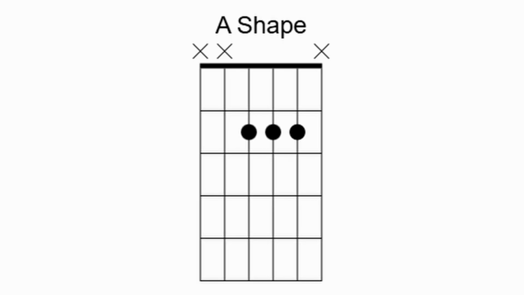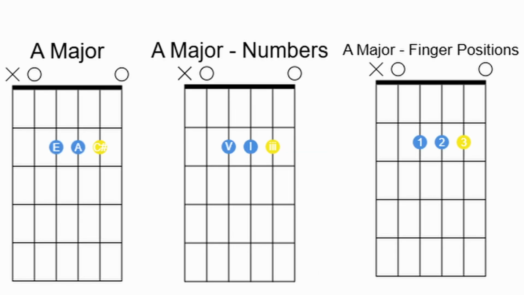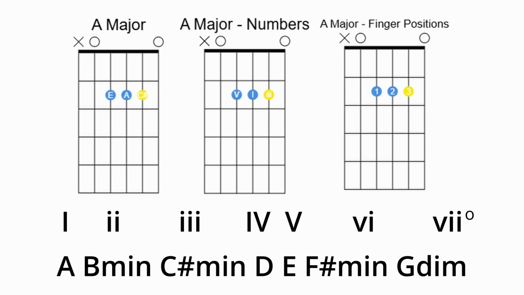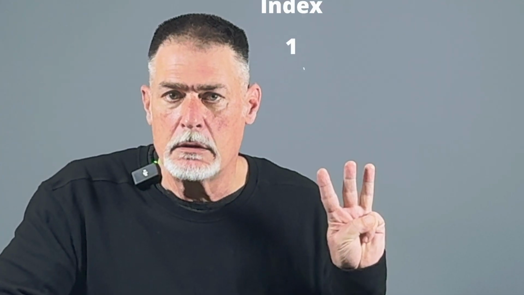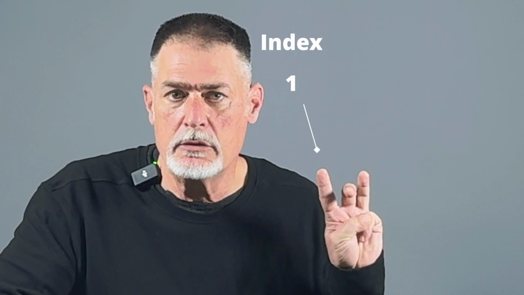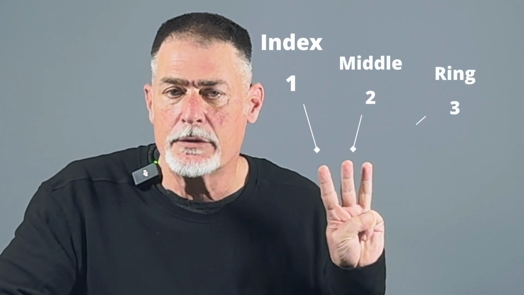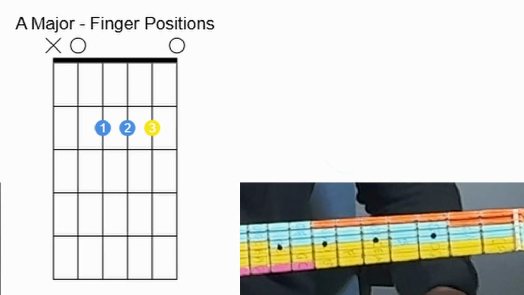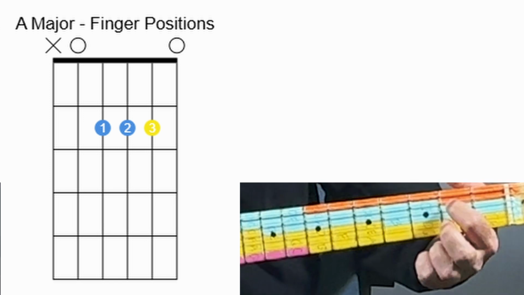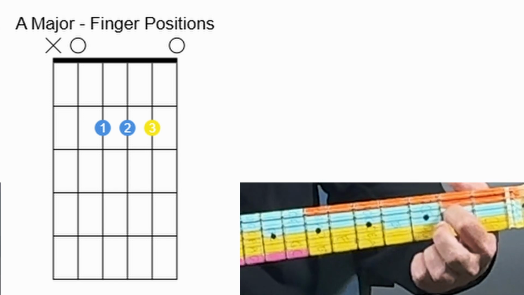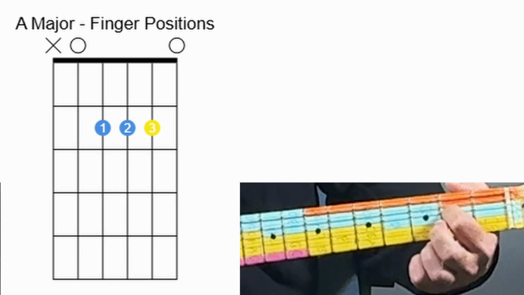The first shape we're going to learn is the A shape. It rests at the top of the fretboard in the first position. We'll be using 3 fingers, the 1 index, the 2 middle, and the 3 ring. Take your first finger, place it on the D string at the 2nd fret.